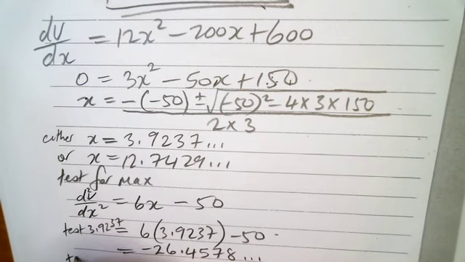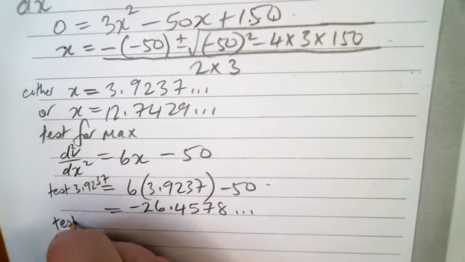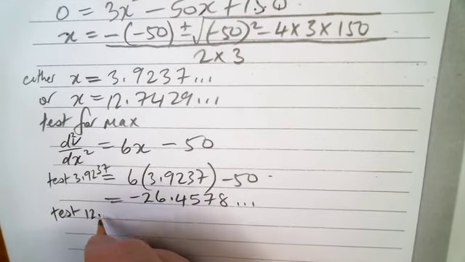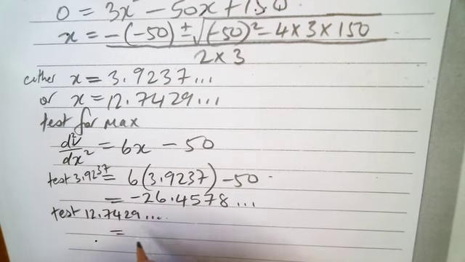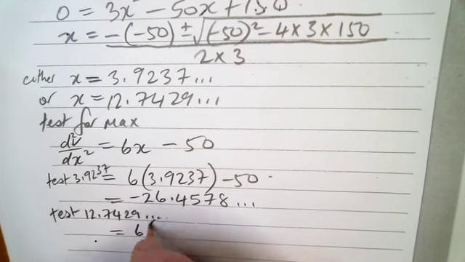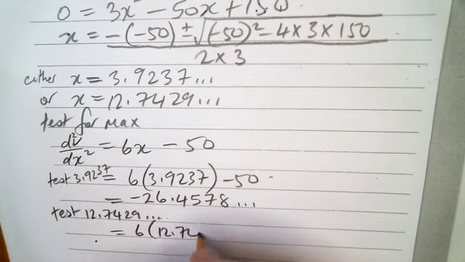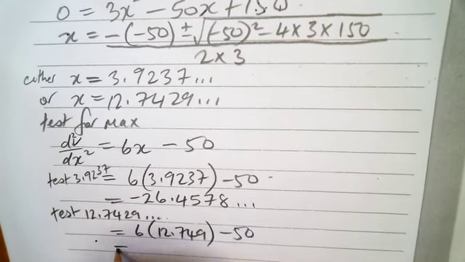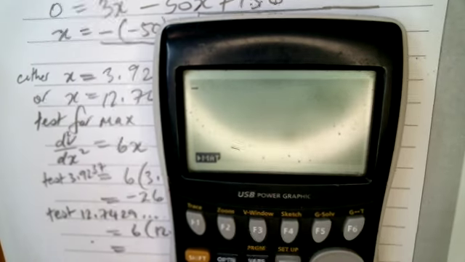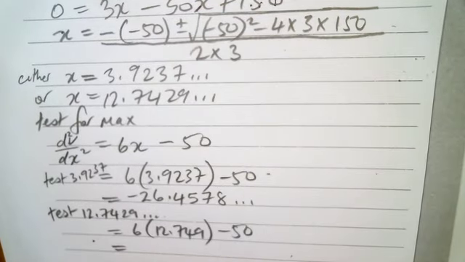And then we'll go test 12.7429 is equal to 6 times 12.7429 minus 50. Let's try that one there. In fact, I'll just type it out again and I'll show you what I've typed.